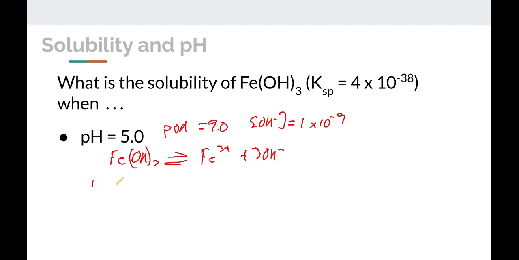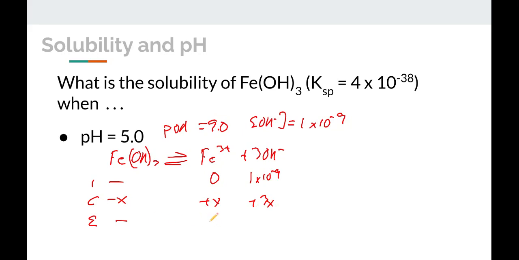Initial concentration, we don't care about the solid, this will be 0. But in our situation, we have 1 times 10 to the minus 9th as our starting concentration of OH minus because the pH is 5. What's our change line? Minus x, plus x, plus 3x.